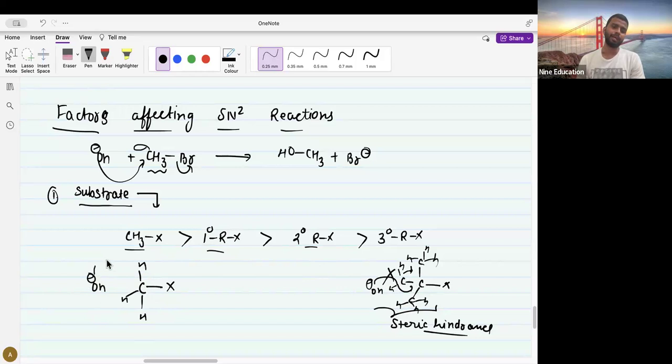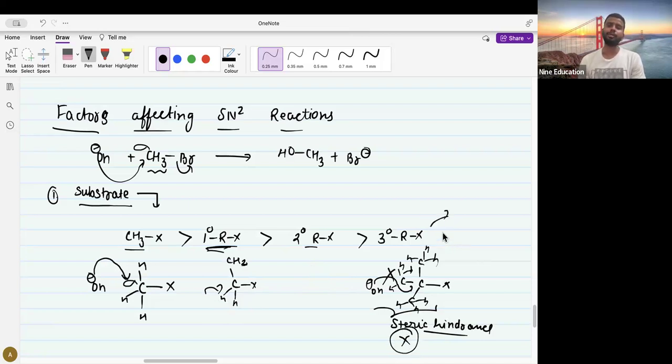OH minus can come and donate its electron to sigma bonding easily in simple alkyl halide. But if I have 1 degree alkyl halide, means if I have this CH3 here, one hydrogen, hydrogen, X, so here possibility will be little less, here possibility more less, and in 3 degree it won't go for SN2 reaction.